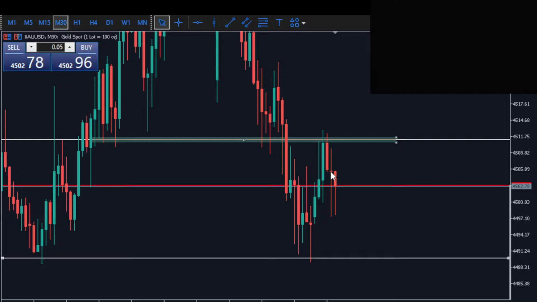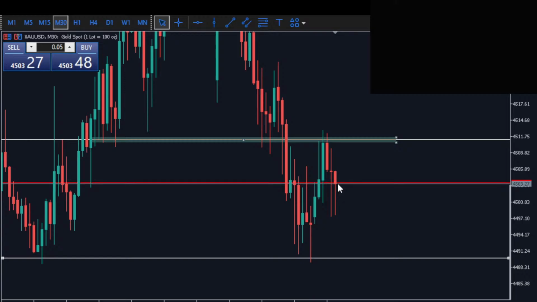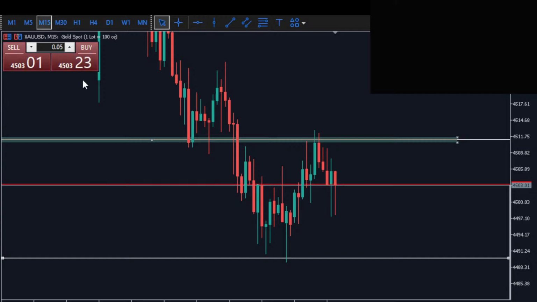If it closed like this, engulfing the previous candle, we are most probably going down. You see, that was indecisive. But what I think is that right now this 30-minute candle has not created its upper wick. For the last 15 minutes the candle has been down. For the next 15 minutes, I hope and I think that this candle would go up and create the upper wick. Let's see what happens.